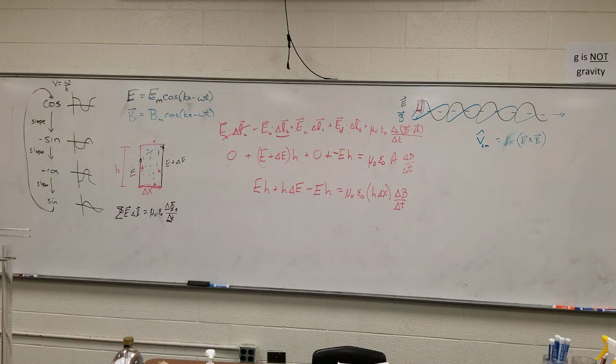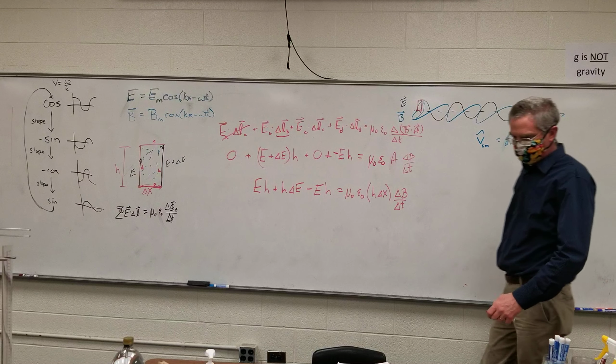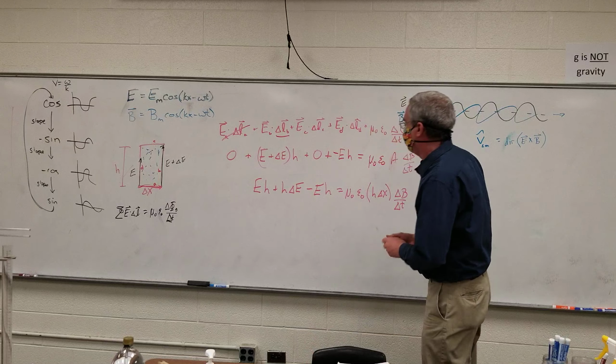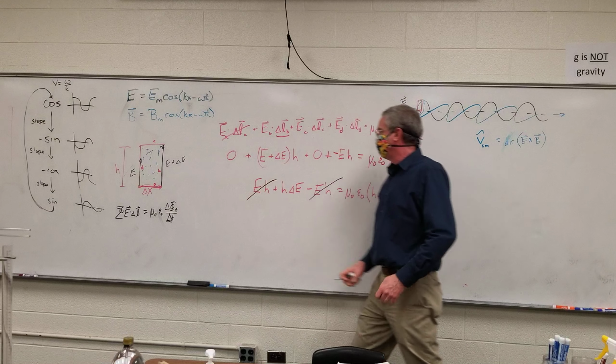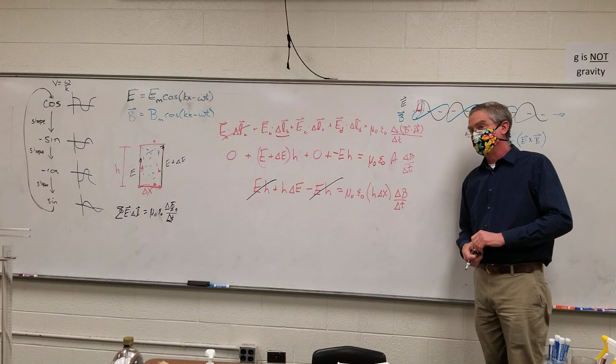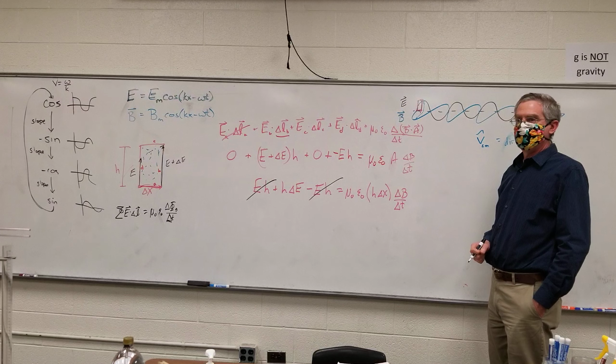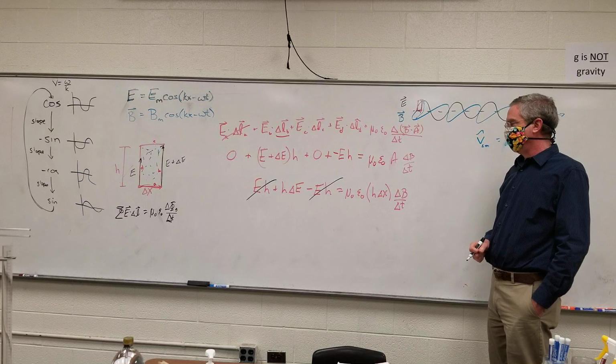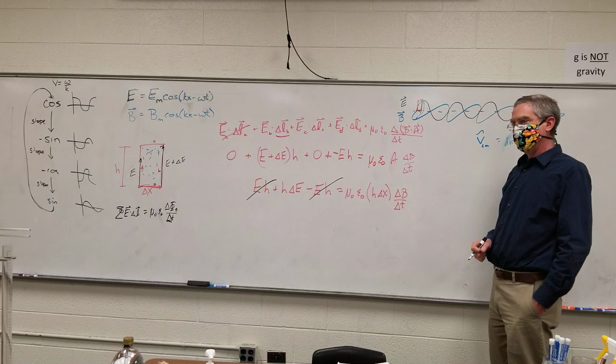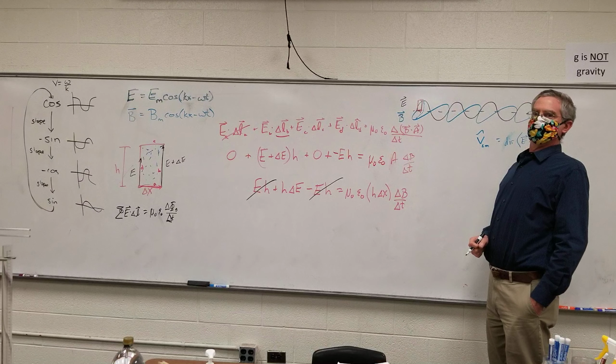All right, what do we get rid of? EH? I think it's allowed. You said EH, yeah, what you cross out. And what can we get rid of now? H. Yep.